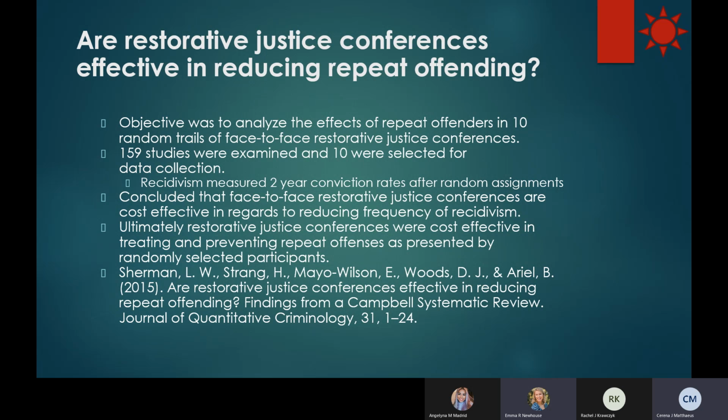And this study concluded that face-to-face restorative justice conferences are cost-effective in regards to reducing the frequency of recidivism, and ultimately, restorative justice conferences were cost-effective in treating and preventing repeat offenses as presented by these randomly selected participants.